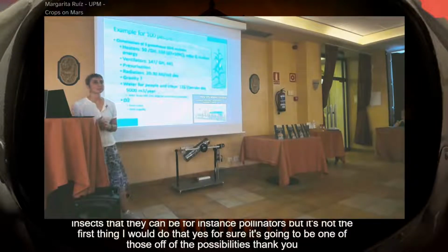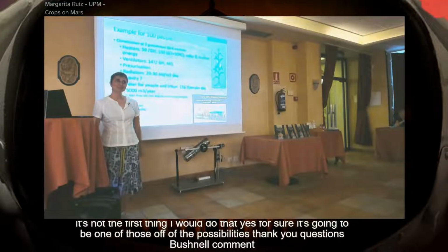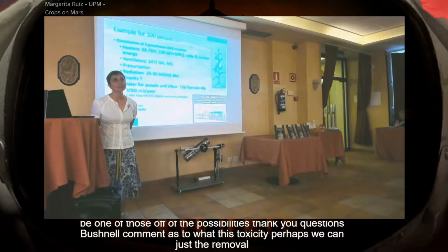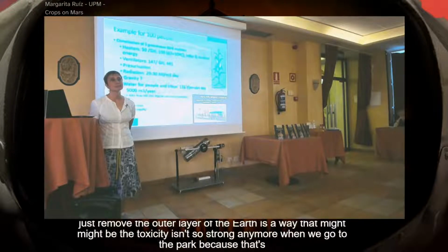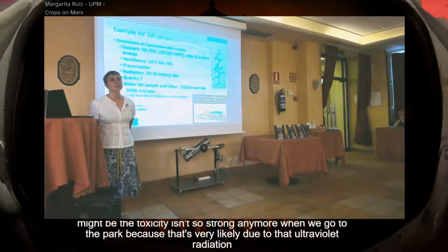Any more questions? Yes, a question and a comment about this toxicity. Perhaps we can just remove the uppermost layer of the surface. The toxicity might not be so strong when we go deeper, because it is very likely due in part to ultraviolet radiation over billions of years.